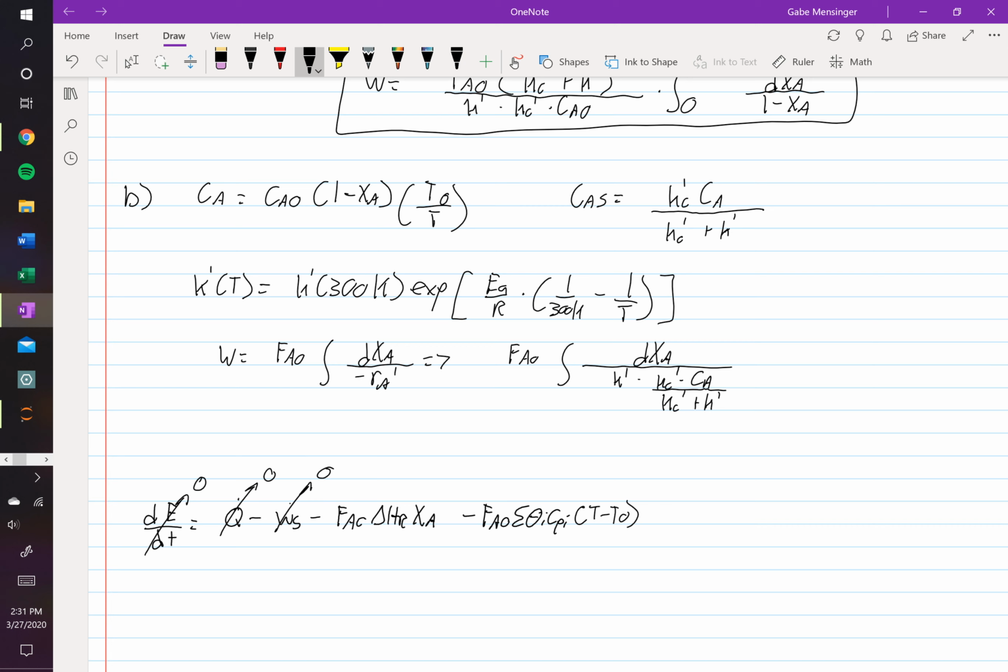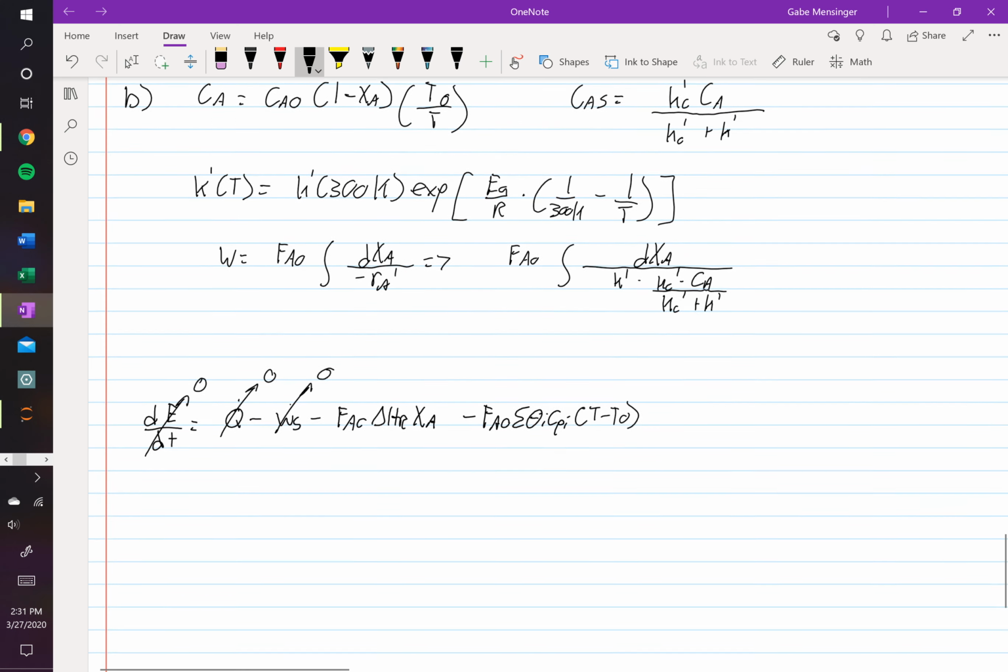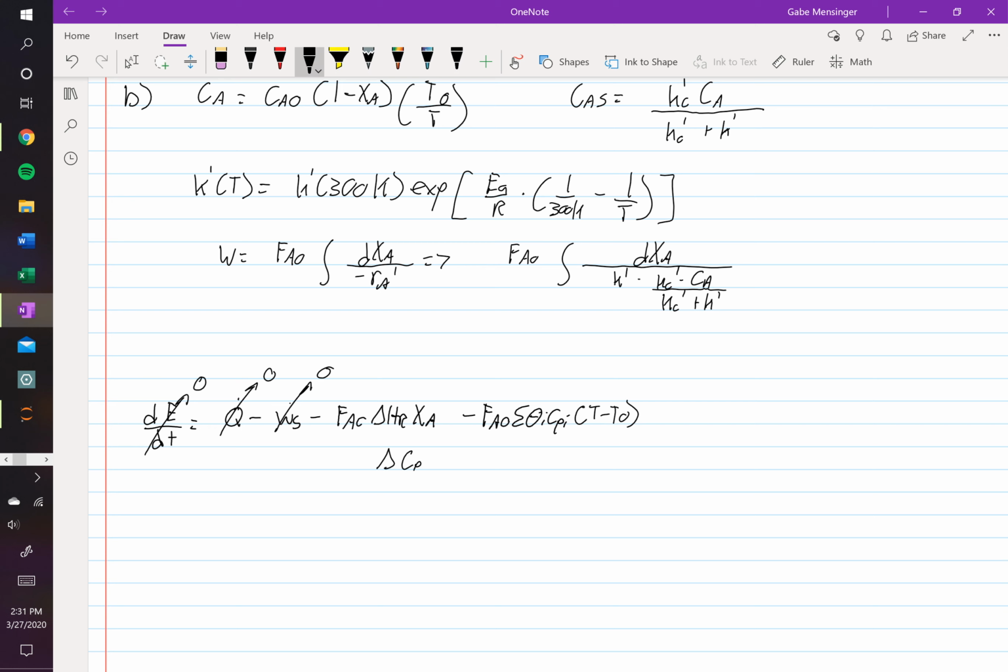For this problem, we are given the heat of reaction, and we can find that delta Cp is going to be equal to 0, which means that delta HR of T is not a function of temperature. All right, I guess it's misleading to say that is not a function of T.